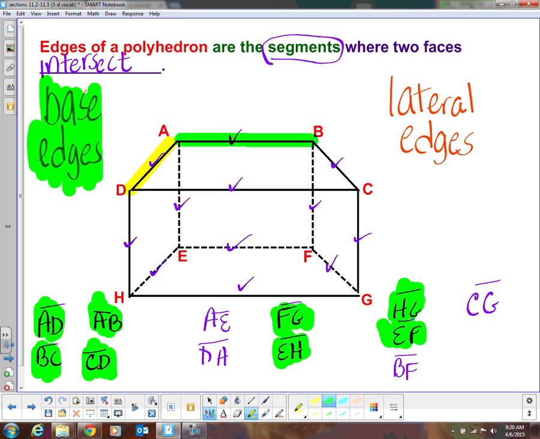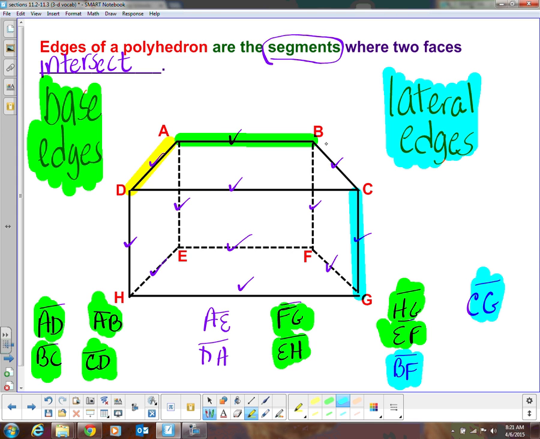Lateral edges are formed by two of the sides intersecting, like the right side and the front intersect at CG. That is a lateral edge. It doesn't involve the base at all. What's another lateral edge? BF, that's the back and the side. Another one?